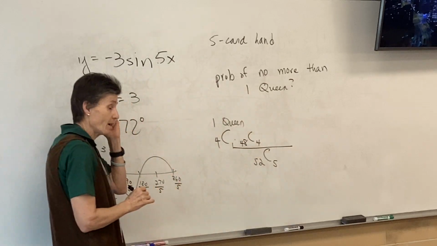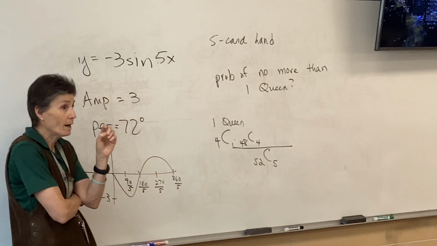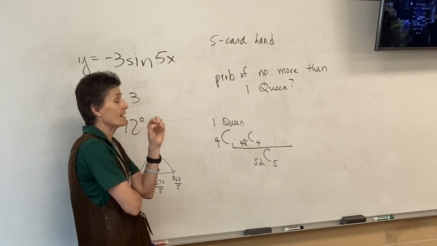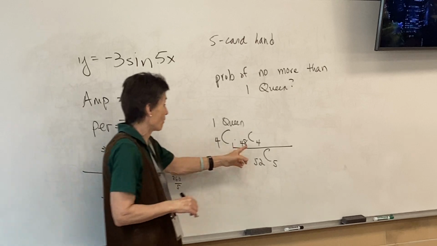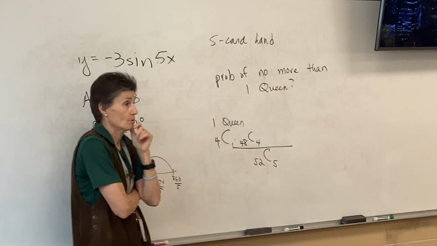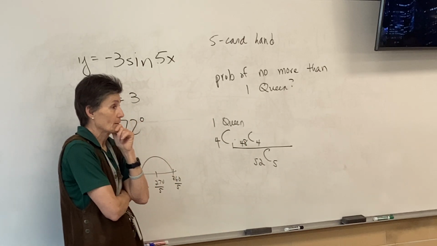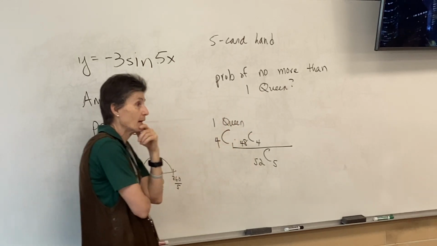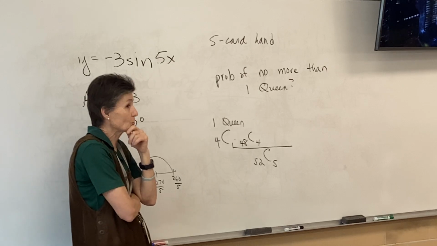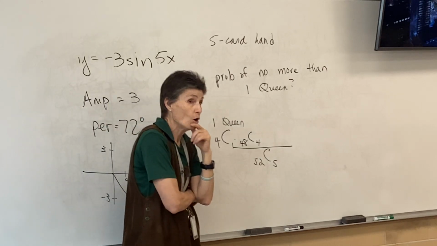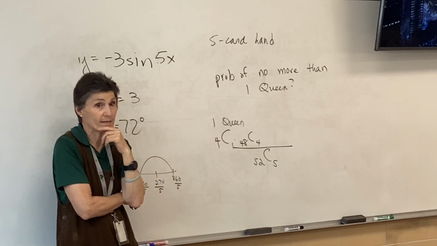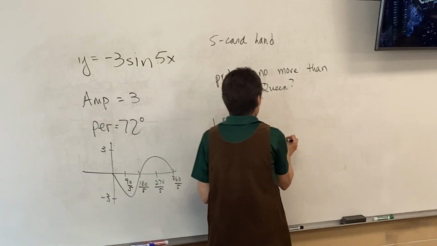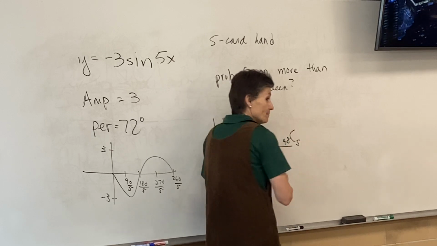So this is a 5-card hand. 1 is a queen. The other 4 are something other than queens, and there are 48 cards that aren't queens. Okay, now wait. I've got this not centered because what else could happen in this problem? No queens. No more than 1 queen means you could have none. So that would be 48C5.